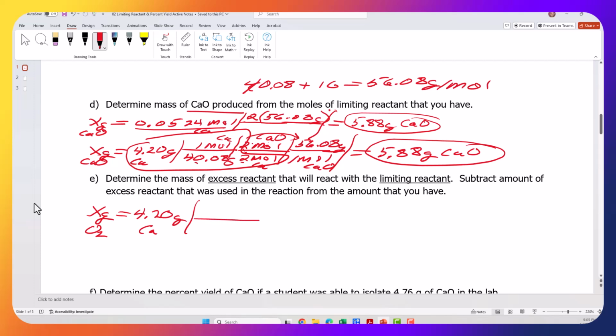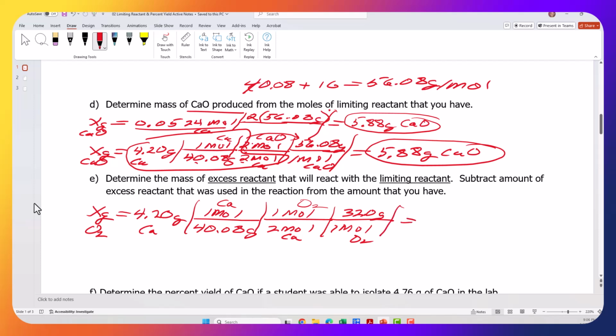And then we've got 40.08 grams for every 1 mole of calcium. And then it takes 2 moles of calcium to react with 1 mole of oxygen, and this is O2, not O, and 1 mole of O2 weighs 32.0 grams.